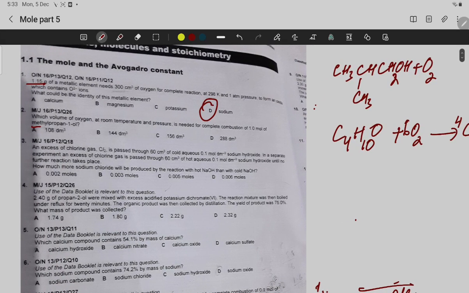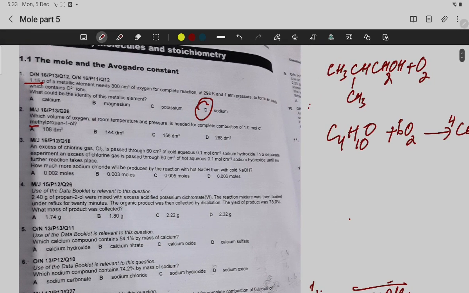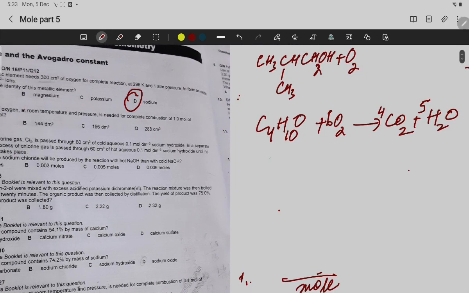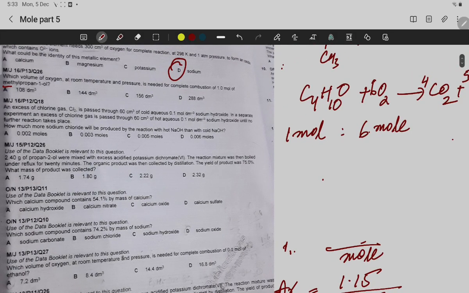So 1 mole of butanol, or methyl propan-1-ol, requires 6 moles of oxygen. So this is 6 mole and this is 1 mole. So 1 mole requires 6 mole of oxygen gas.